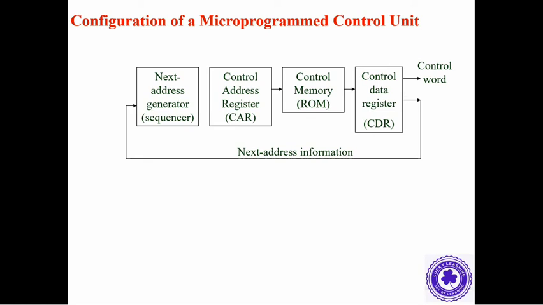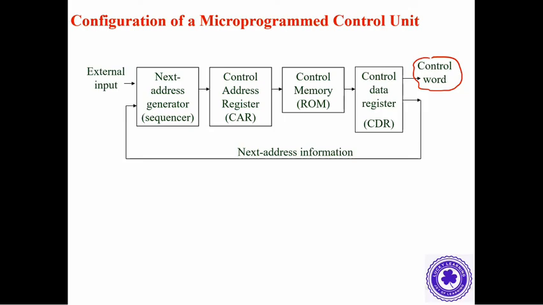That next address information is available in the control word in the control data register. Based on that information, the next address generator circuit is going to determine the address of the next micro instruction to be executed. That will be given as input to the control address register.